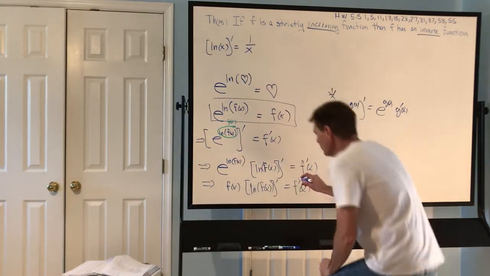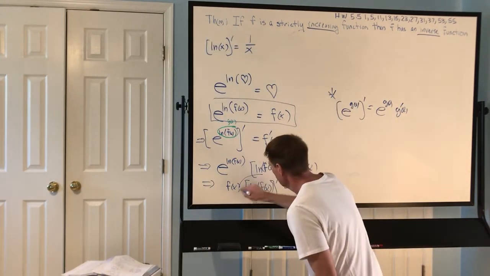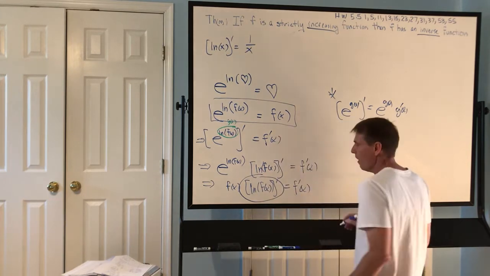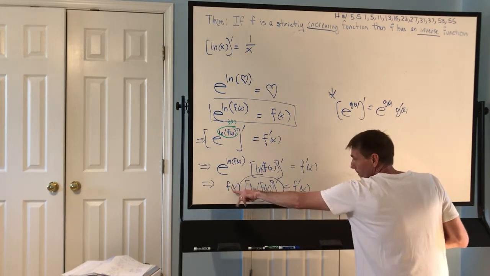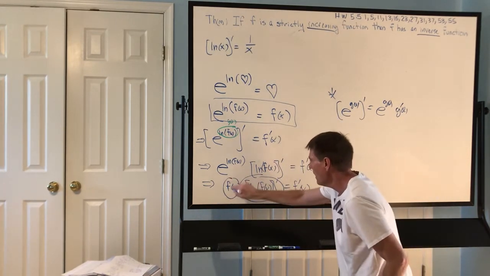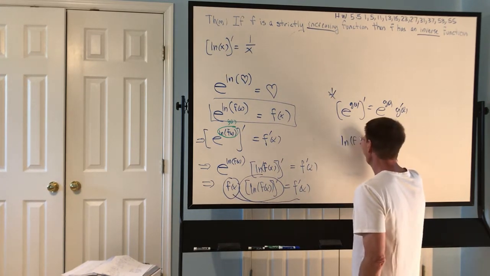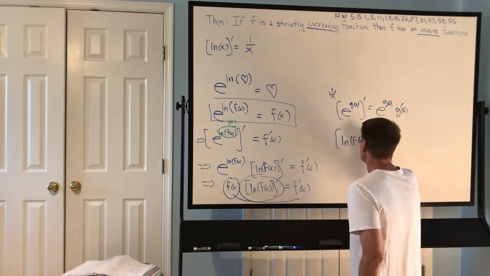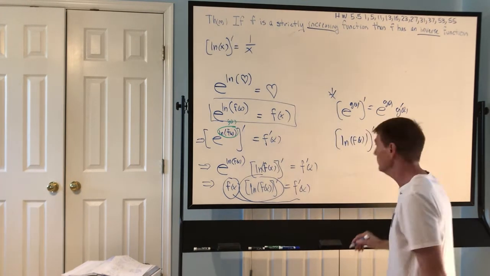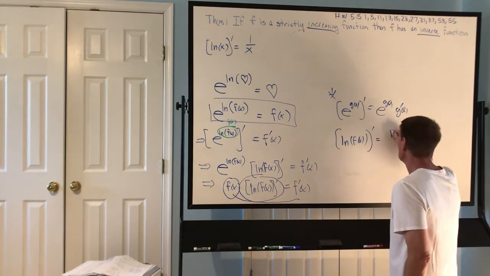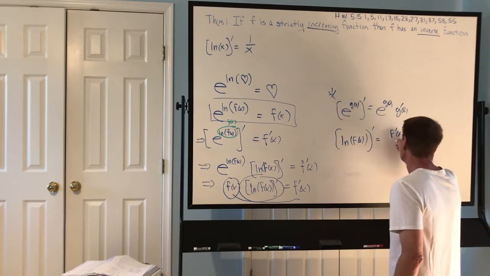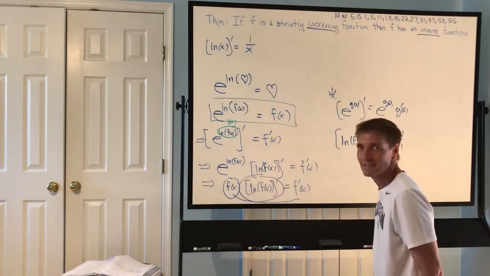If I get this guy all by itself, I just have to divide by f of x. So the derivative of the natural log of f of x is just the derivative of f divided by f of x.